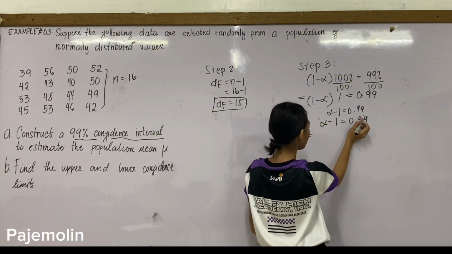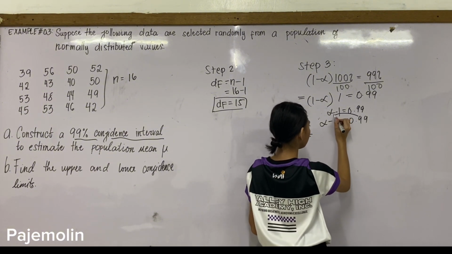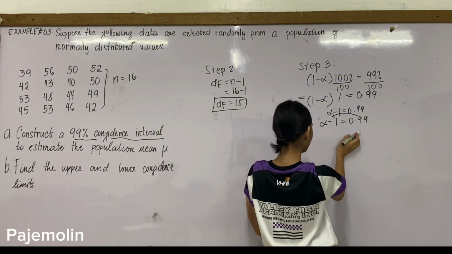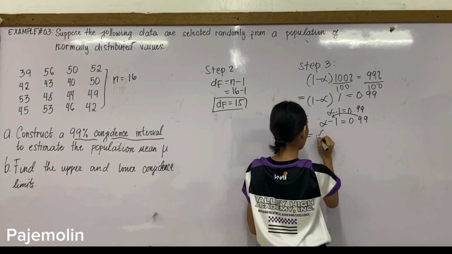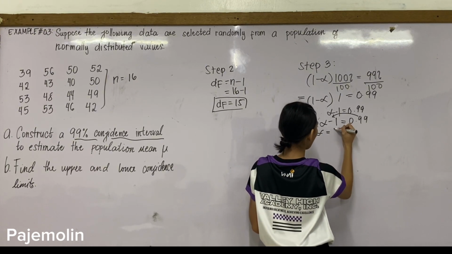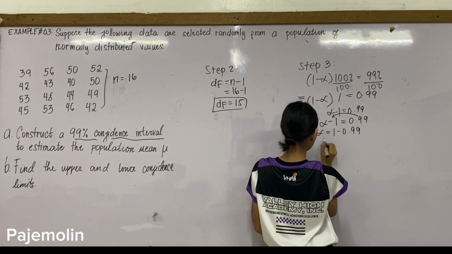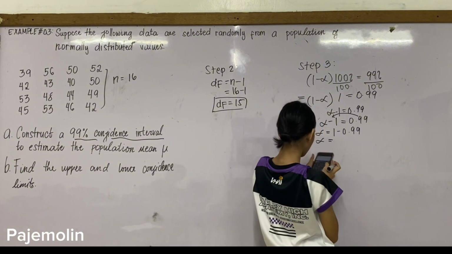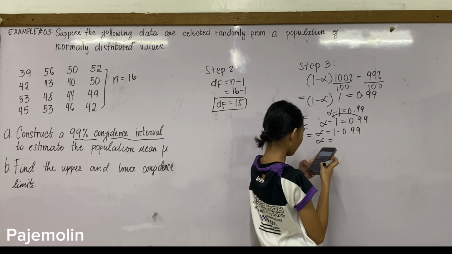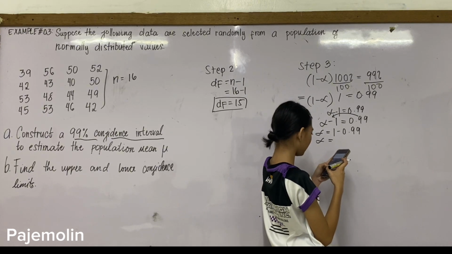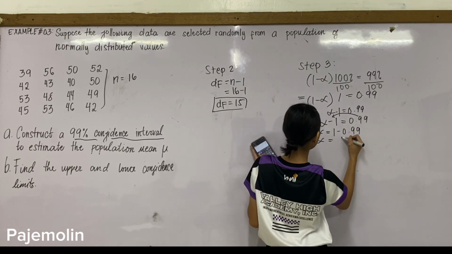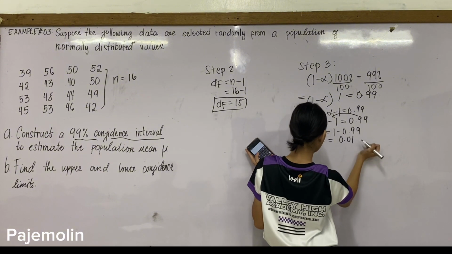So alpha is equal to 1 minus 0.99. Using your calculator, 1 minus 0.99 is 0.01.